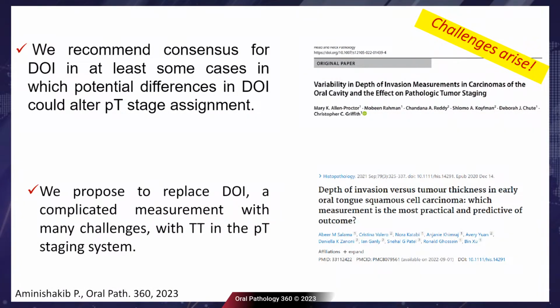Also, other authors in recent years recommended using depth of invasion in at least some cases in which potential differences in the depth of invasion could alter pathologic stage assignment. And some authors proposed to replace depth of invasion, a complicated measurement with many challenges, with tumor thickness in the pathologic tumor size staging system.